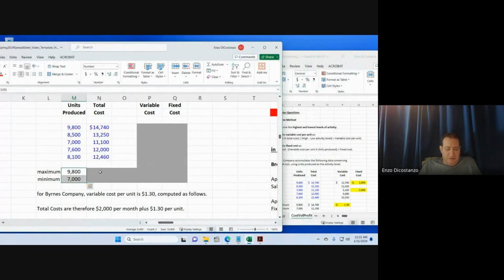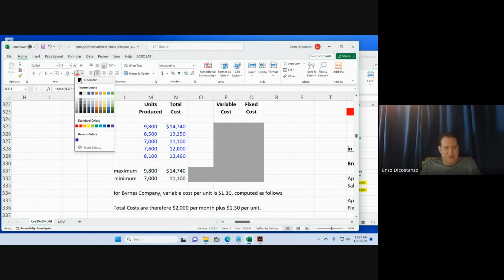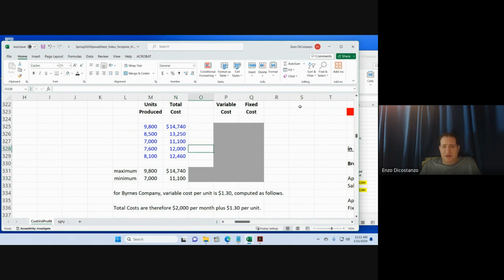Then we can do a right click and bring the same function over. Actually, what we need to do is copy, then paste formatting and make it black, because you want to keep your formatting.